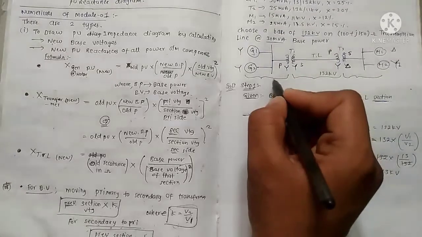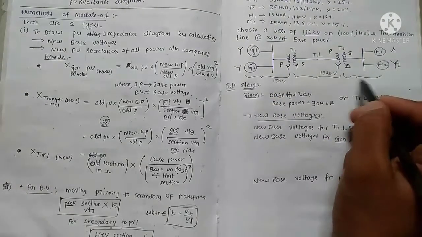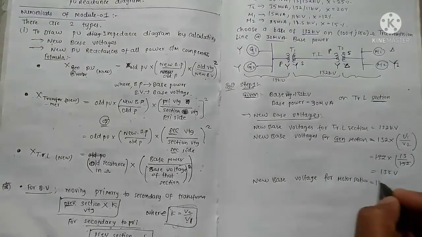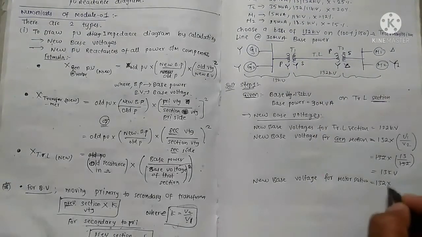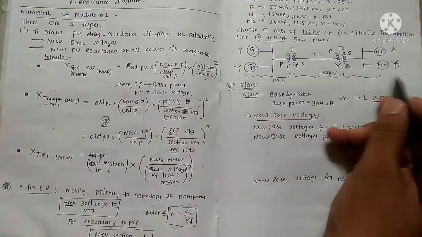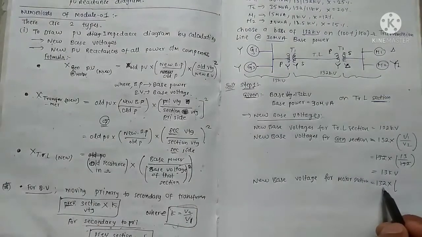We have calculated this, just note it. For the motor section, the previous voltage is 132 kilovolt multiplied by K. We don't have another section here, since we have only this section, which is the previous section voltage that I have written.